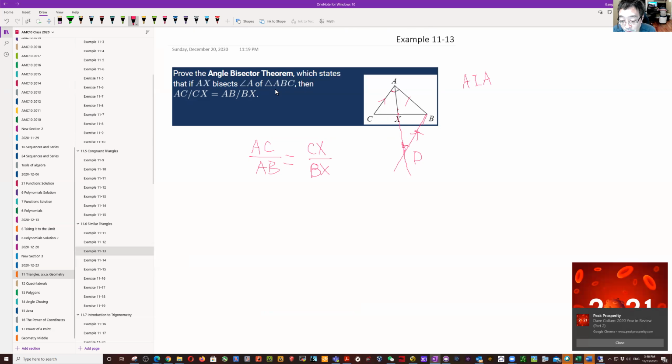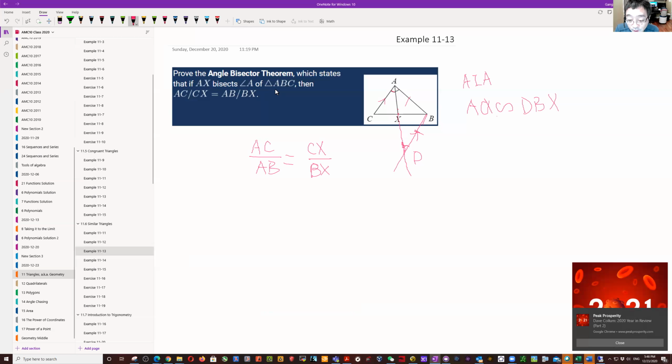Basically, I'm using triangle similarity. ACX is similar to DBX. So those two are similar.